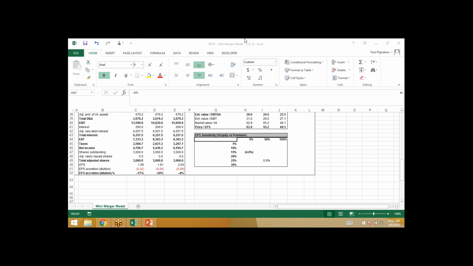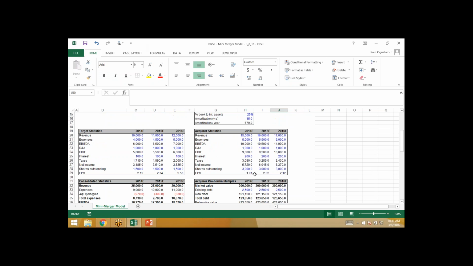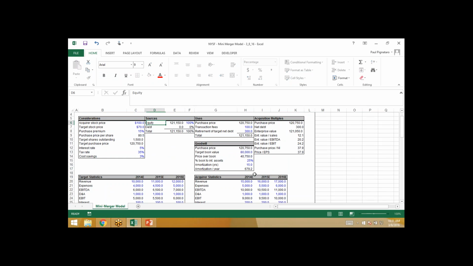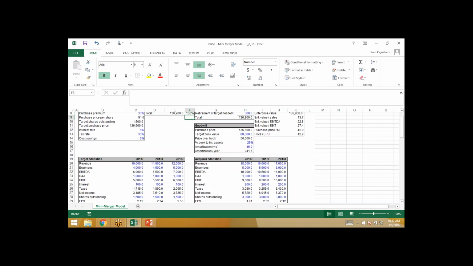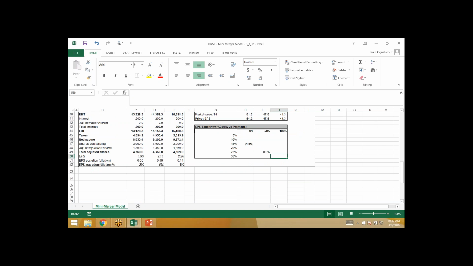Now the 100% case here, 30% premium. This is why I mentioned in the beginning, I don't want two variables here. I want one variable; this is dependent on that variable. This is 100, this must be 0. That gave us 6% accretion, so I'll put 6% here. That's the way I want the table to be populated and filled out.